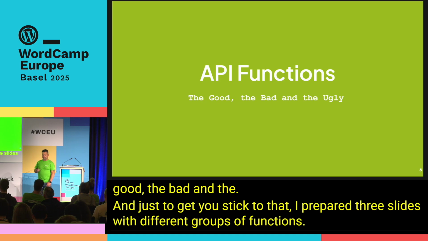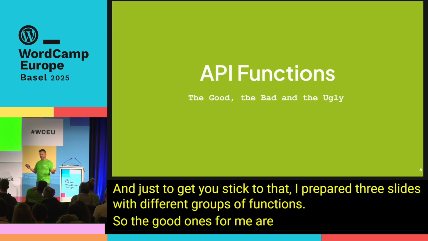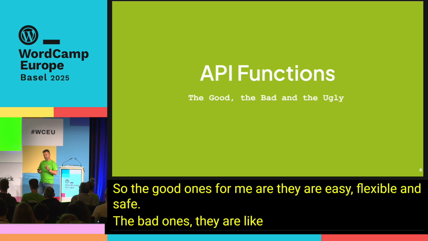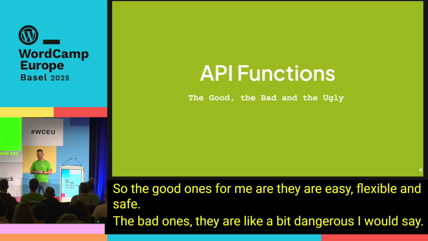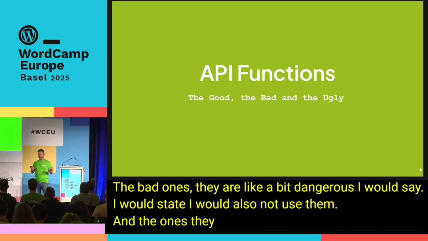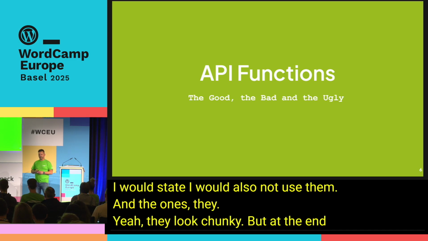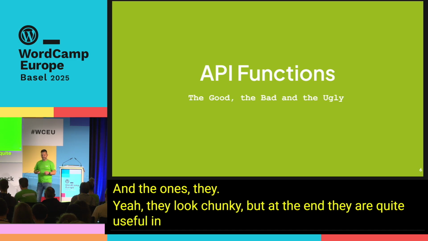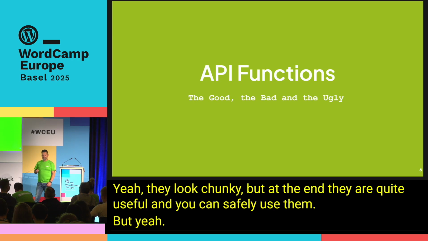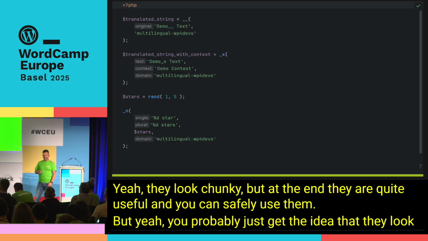The good ones are easy, flexible, and safe. The bad ones are a bit dangerous, I would say, and I would not use them. And the ugly ones look chunky, but in the end they are quite useful, and you can safely use them. You probably just get the idea that they look weird.